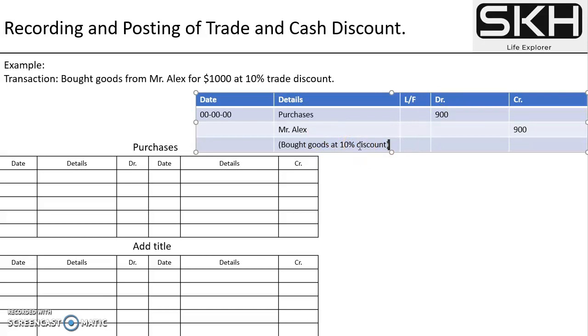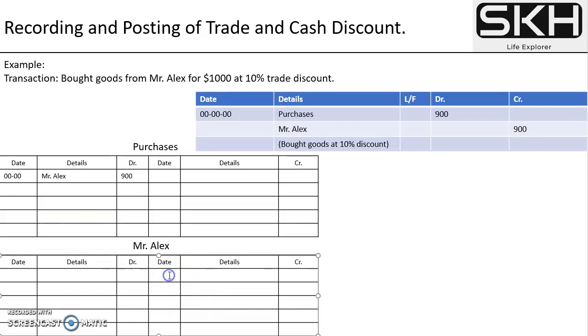So if I post this transaction into the ledger, I have two ledgers here, purchases ledger and here Mr. Alex's ledger. First of all, the purchases account is debit, the date will come here, and the reason is Mr. Alex, the amount is 900. I'm not writing 1000 minus discount. I'll just write the amount after deducting the discount.